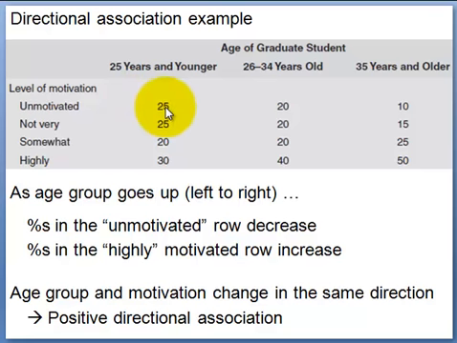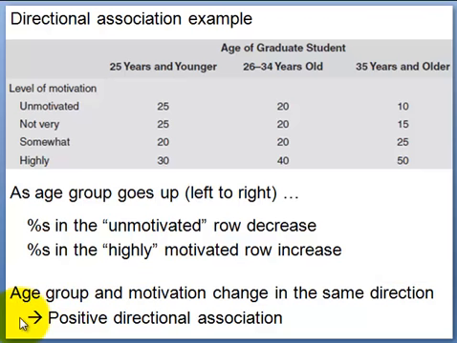You can see the percentage goes down from 25 to 20 to 10. It decreases. Now let's look at what happens to the percentage of highly motivated students as age goes up. The percentage of highly motivated students goes up from 30 to 40 to 50.